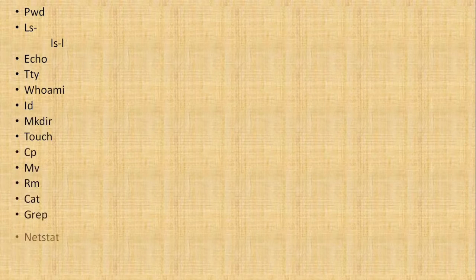So the important Linux commands are listed down here. That is pwd, ls, and a variation of ls, that is ls -l, echo, tty, whoami, id, ls, mkdir, touch, cp, mv, rm, cat, grep, netstat, tar.